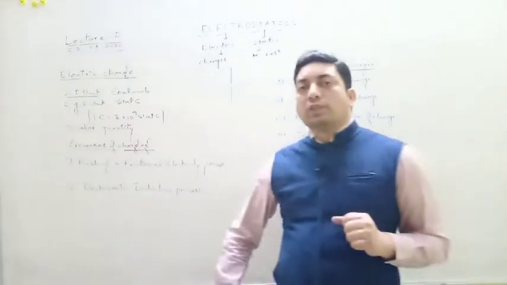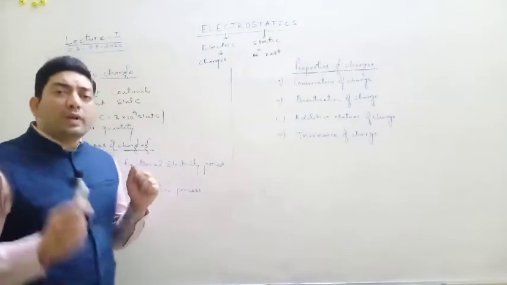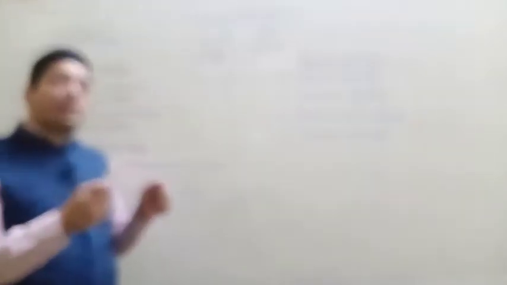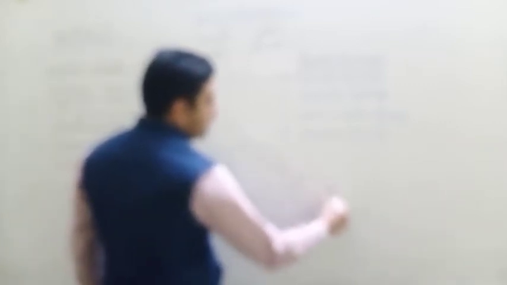Now what happens in this process? We bring a charged body towards an uncharged body without touching. So, for example, we have a charged rod, and whenever we bring it towards an uncharged body, this charged body will induce opposite charge on the front side and similar charge on the rear end.